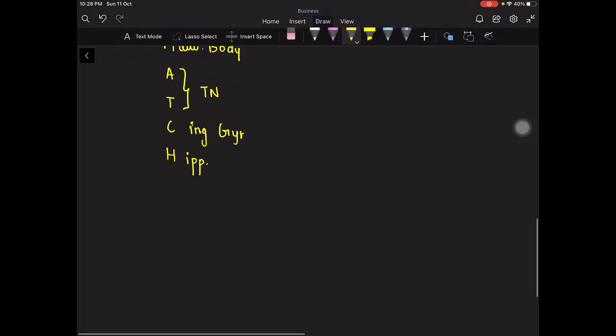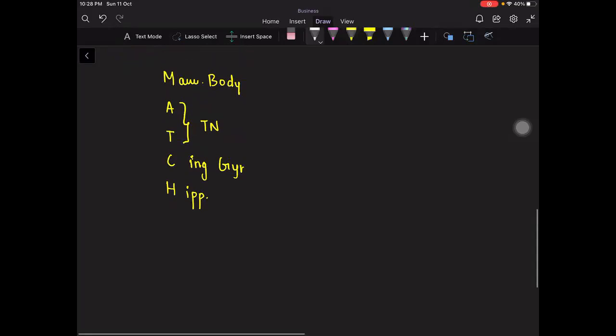All right. So the hippocampus will be connected to the mammillary body through, what is the structure called? Fornix. All right. What is the mammillary body to the anterior thalamic nucleus tract called? Mammillothalamic tract.